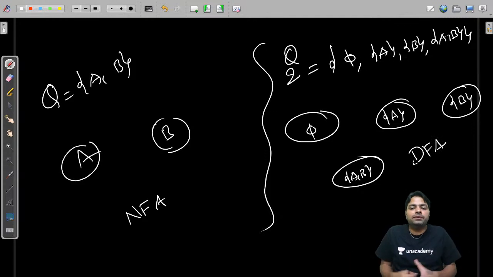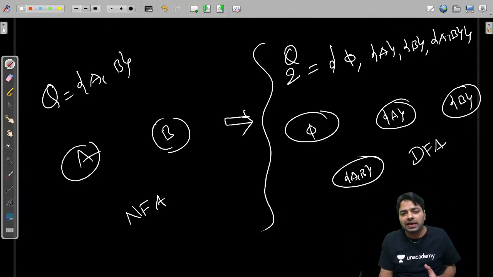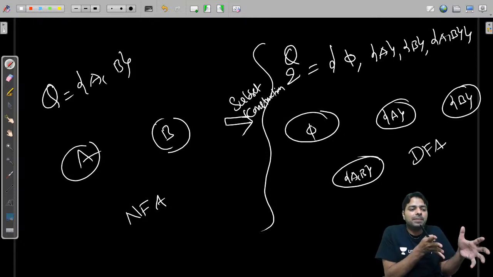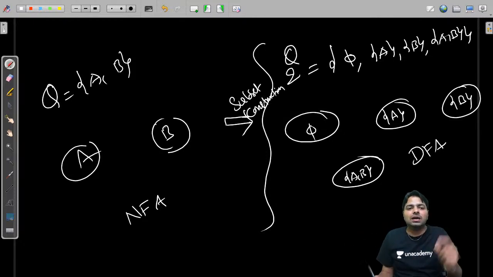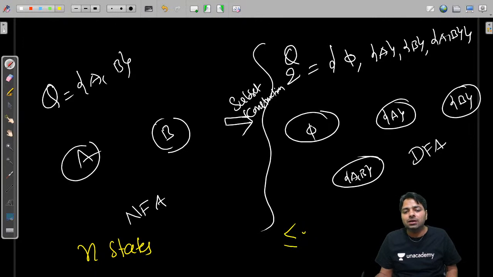This is the concept behind the NFA to DFA conversion. So we are going to convert NFA to DFA with the help of subsets, and that is the reason it is called subset construction. The conversion from NFA to DFA is called subset construction. If there are n states here, you can construct a DFA using less than or equal to 2 power n states.